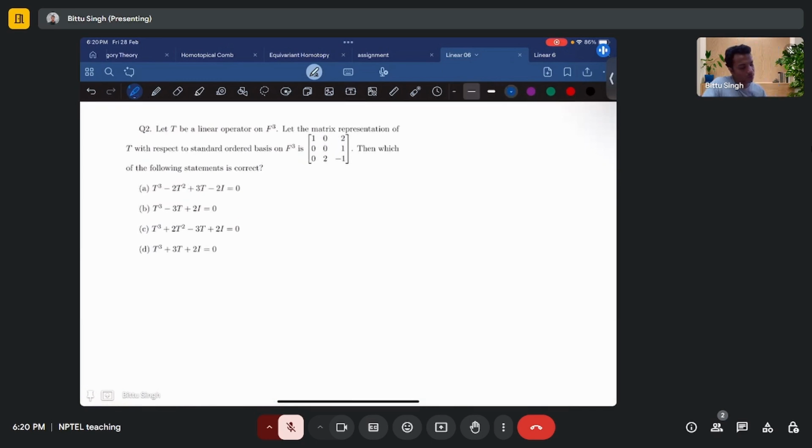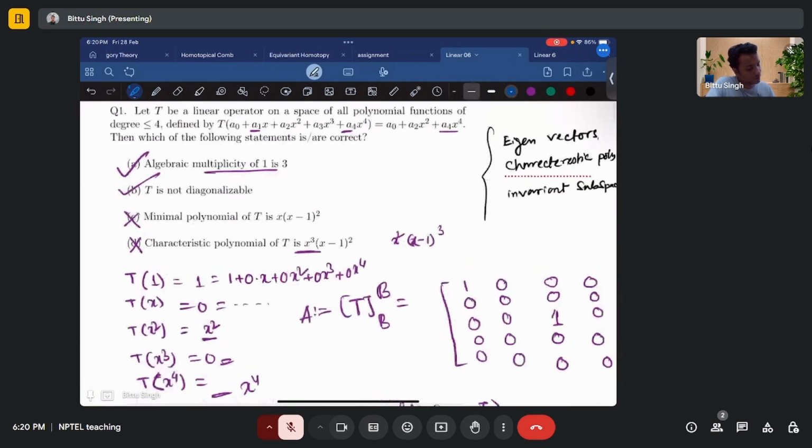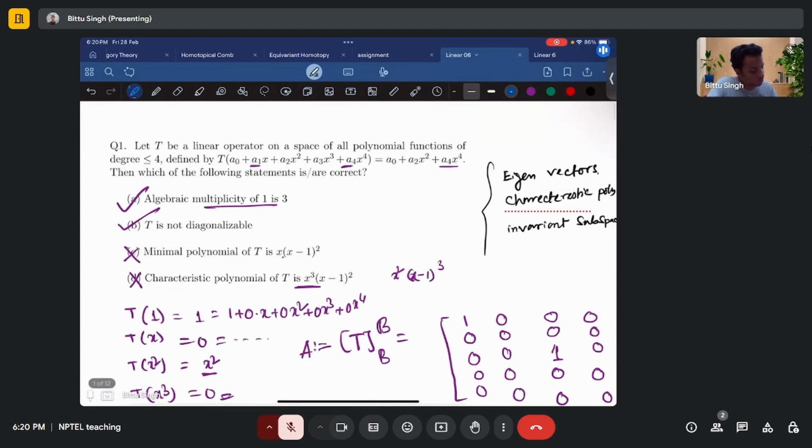Because today we'll not discuss minimal polynomials. Tomorrow we'll discuss. You can easily check why this is incorrect. Just put, if this is the minimal polynomial, then T should satisfy this. Minimal polynomial means it is a polynomial.